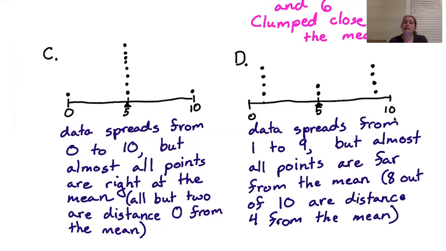So if we were to take the average distance, in C, so many of the points are close to the mean, they outweigh those 2 points that are far. Whereas in D, we have a lot more points far from the mean. They outweigh the stuff that's close.